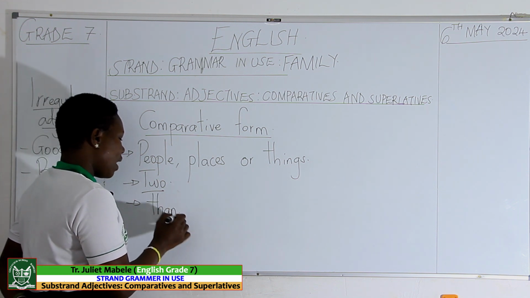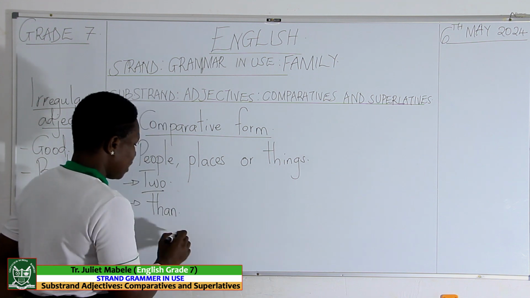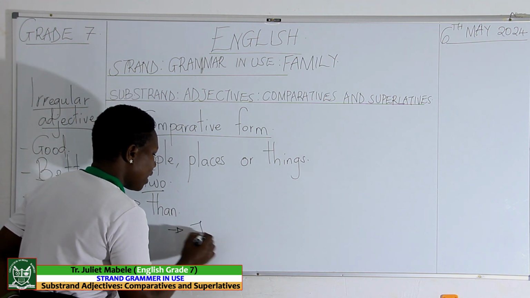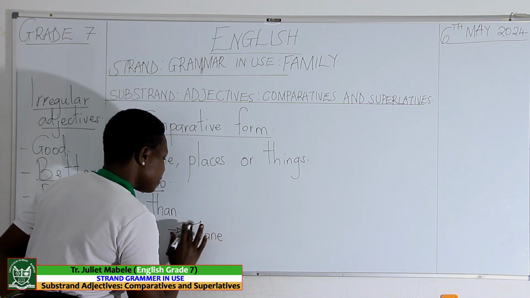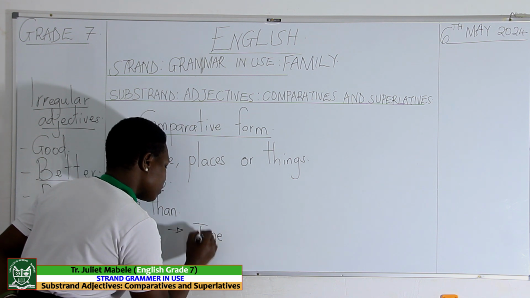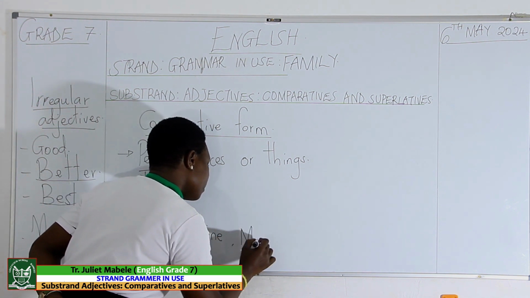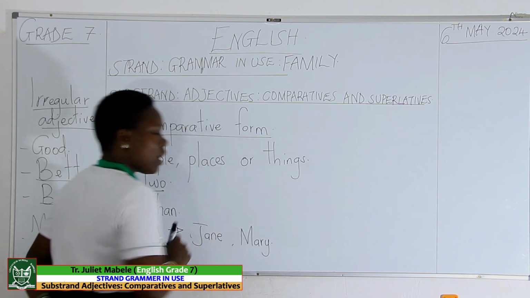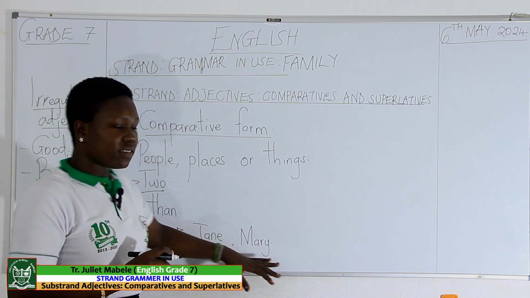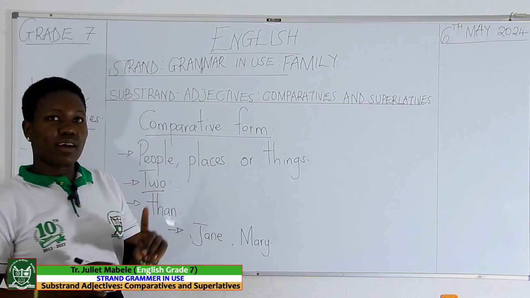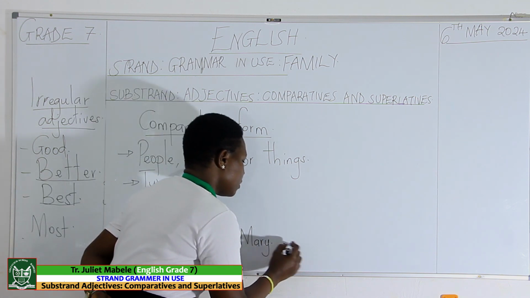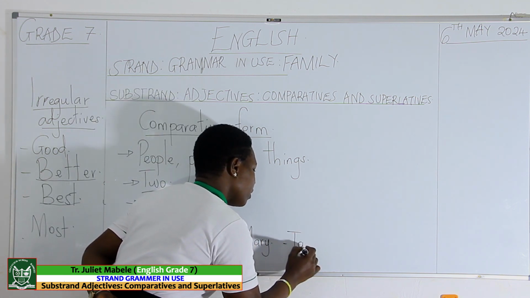For example, let me use an example of two nouns. We have Jane and we have Mary. I want to compare these two, and I want to use the adjective tall.